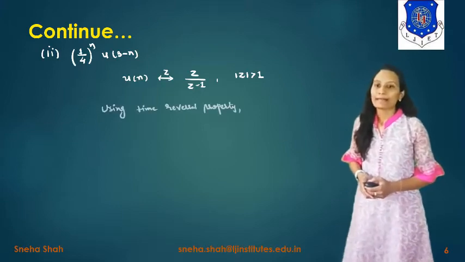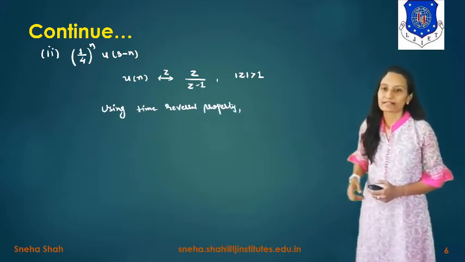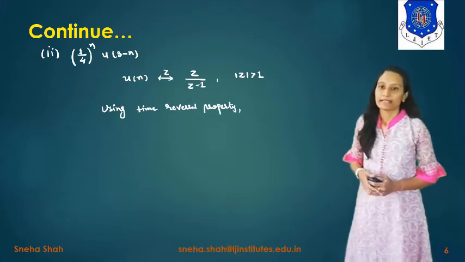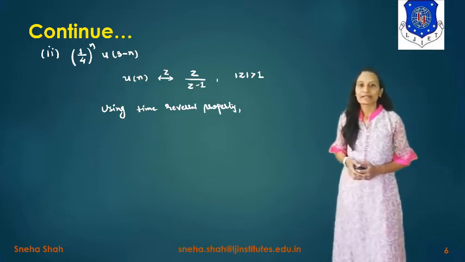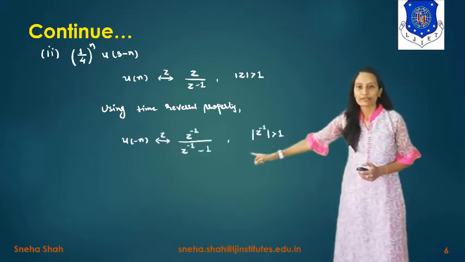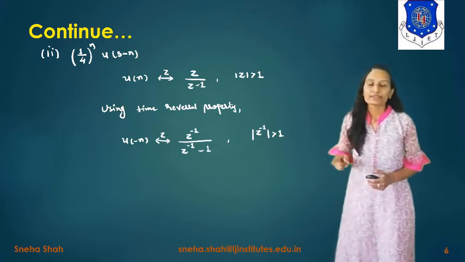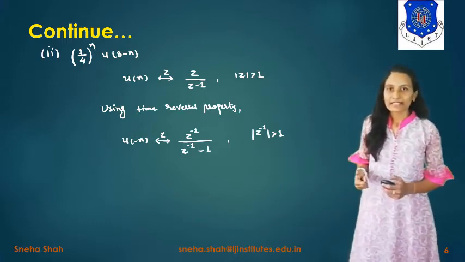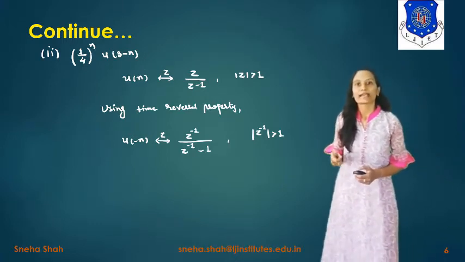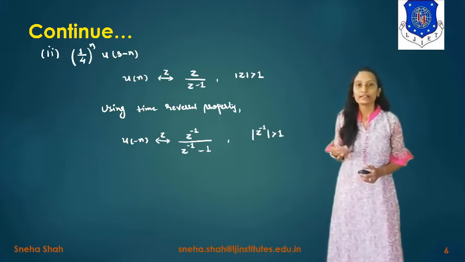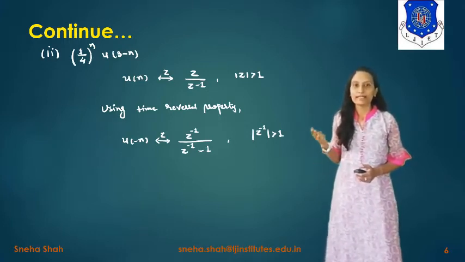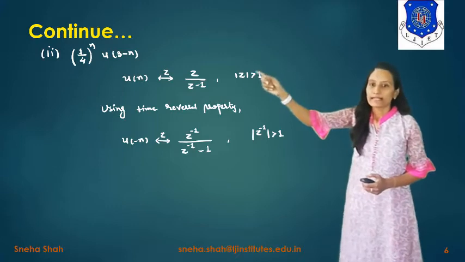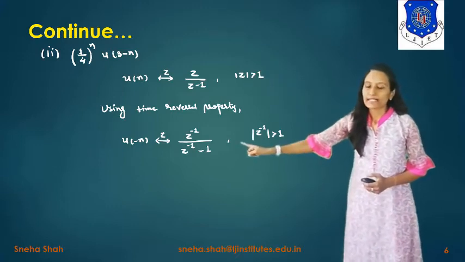Now we'll apply the time reversal property to find u of minus n. If I am applying the time reversal property, the term will be u of minus n, and as you know, in the time reversal property, instead of z we have to take z raised to minus 1.